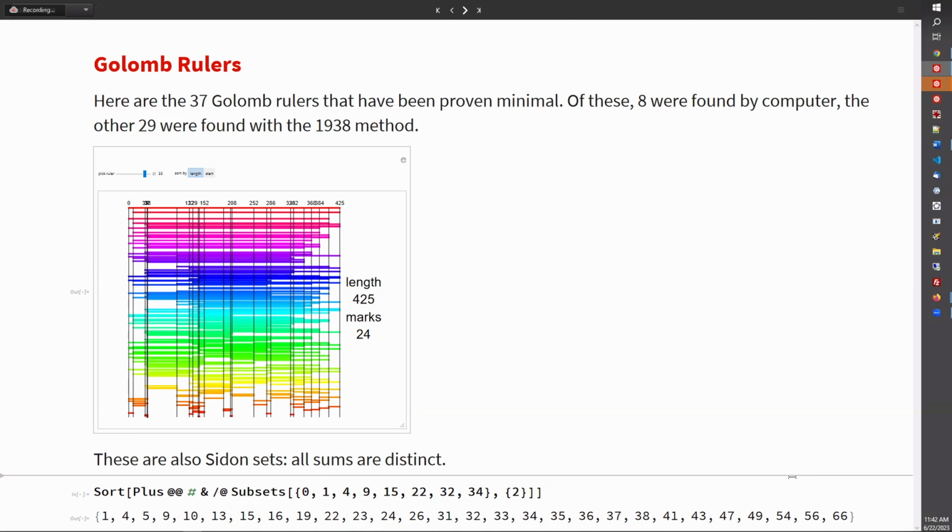A minus C is equal to B minus D, but that would indicate that the Golomb ruler had a repeat in it, and that's not possible. Therefore, all Golomb rulers are Sidon sets, and all Sidon sets are Golomb rulers.